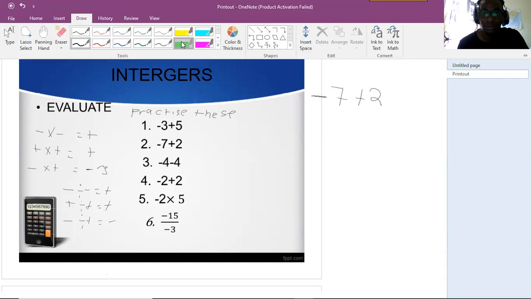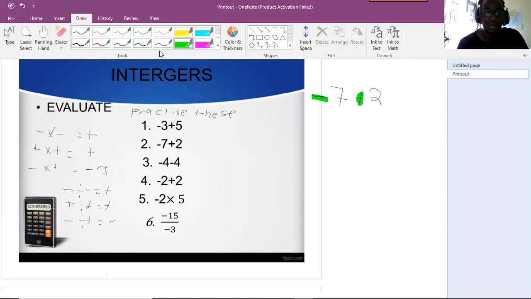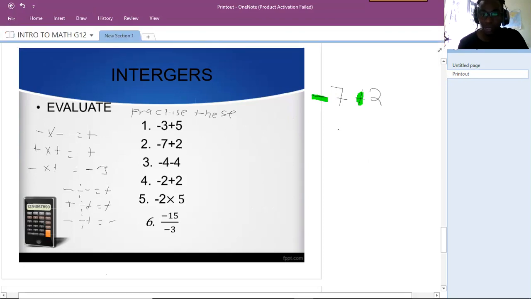So step 1, we forget these signs, and then we ask ourselves, which number is bigger between 7 and 2? 7, right? And what's the sign on 7? A negative, meaning our answer is going to be a negative.